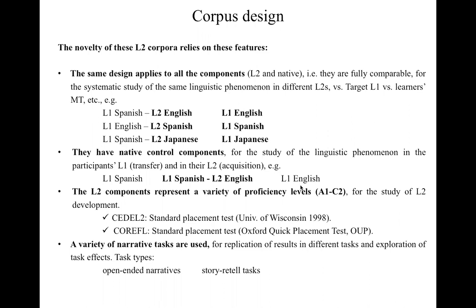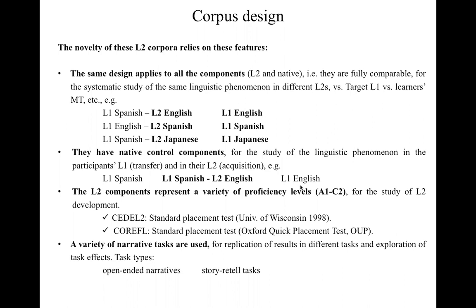Another novelty of the corpora is that the L2 components represent a variety of proficiency levels. We are representing beginner levels up to advanced levels, from A1 to C2. We want to have all the levels represented so that we can have a wide picture of language development.